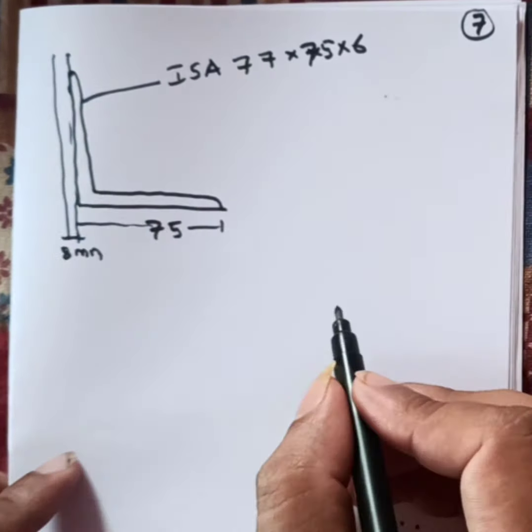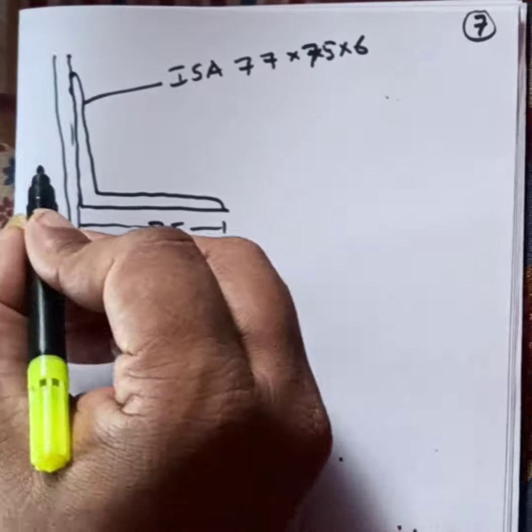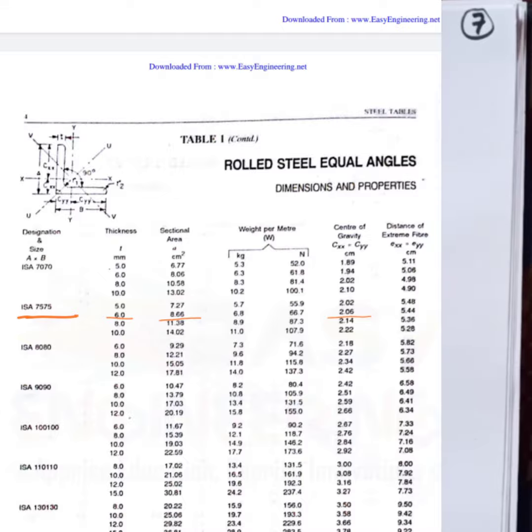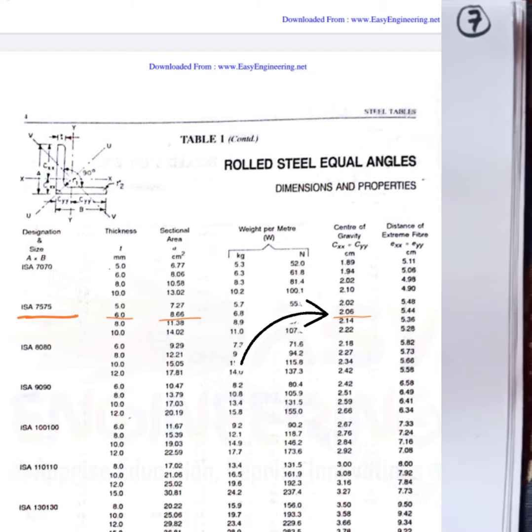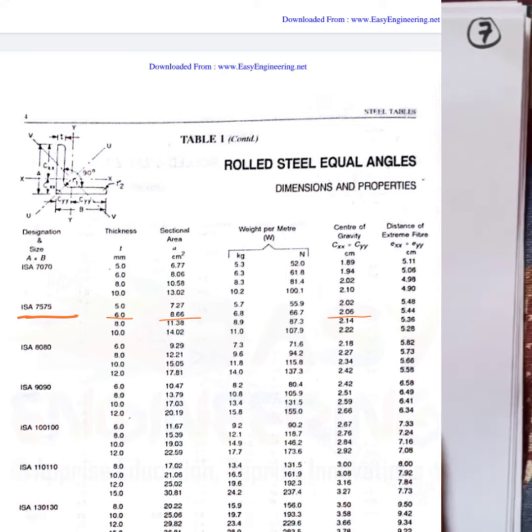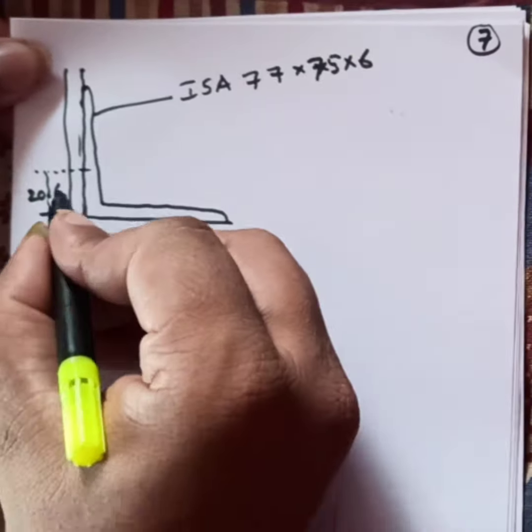This leg is also 75, and the CG of the angle, which we can take from the steel table. If you refer to the steel table, it is 20.6 mm CG.